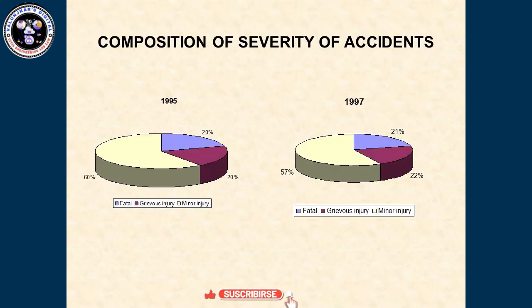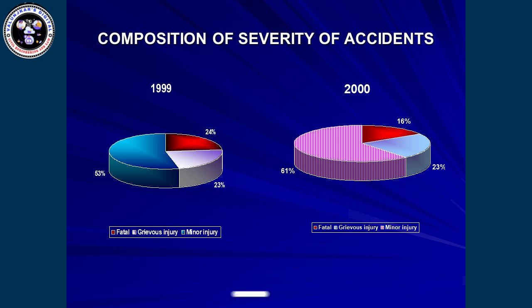The violet color indicates fatal, the maroon color indicates grievous injury, and the pale cream color indicates minor injury in 1995. The same trend, a similar composition, is seen in 1997. Composition of severity of accidents, this is 1999 and this is for 2000.